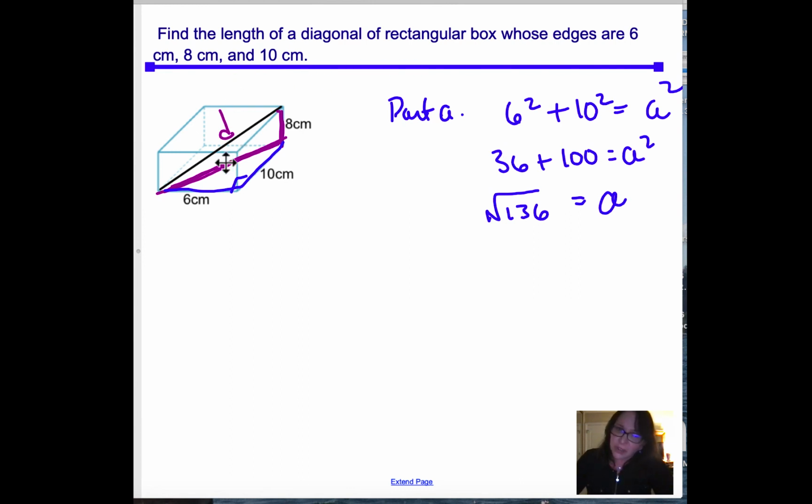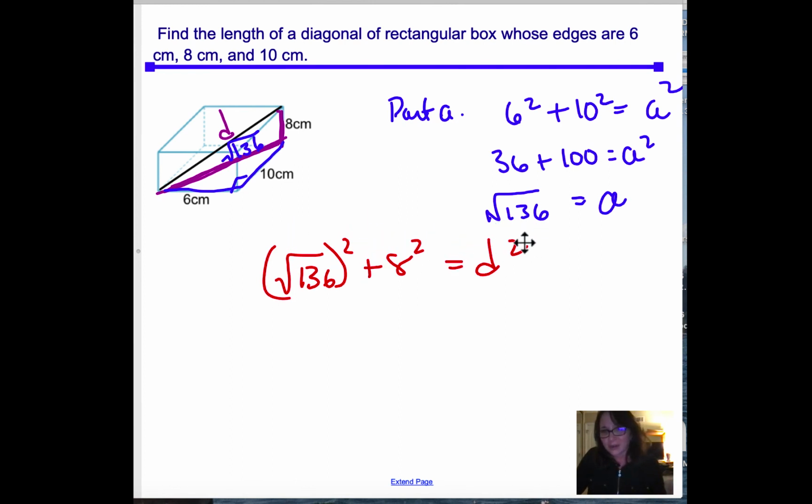And I'm not going to reduce that because that gives me this diagonal right here, root 136. But I'm not going to reduce that and spend my time doing that, because for the next part, I just have to re-square that, right? I'm going to go root 136 quantity squared plus 8 squared is equal to my diagonal squared, which is then going to be 136 plus 64 is equal to D squared.